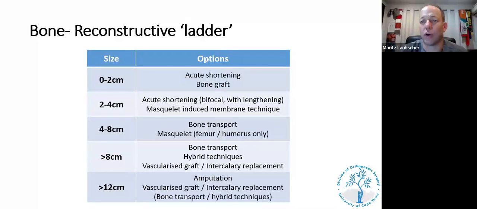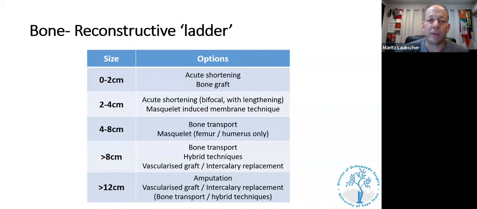Now, these are all just options, and they're not all appropriate for any limb segment, but just as a general rule. So for me, for bone defects of less than 2 centimeters, you can really do whatever you want. You can just shorten, you can maintain length and do simple cancellous grafting, or use more complex technique. You don't have to do something very fancy. It should heal reliably with a variety of techniques.